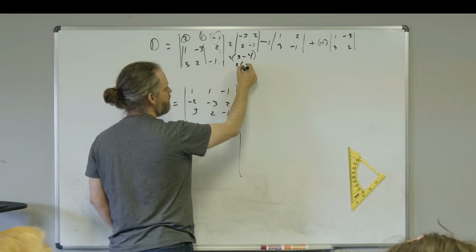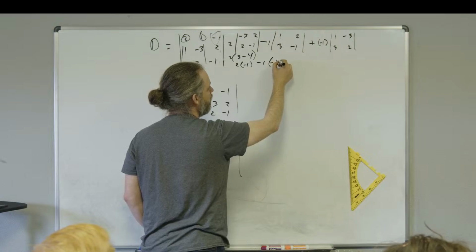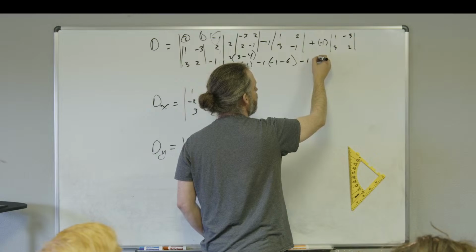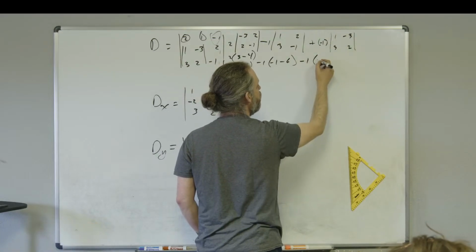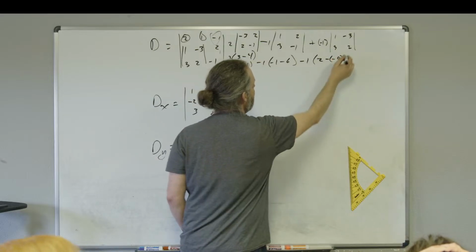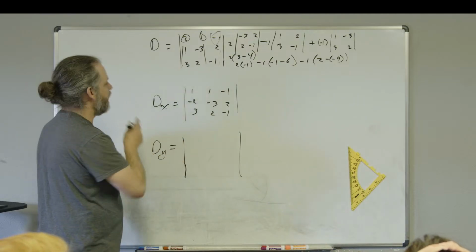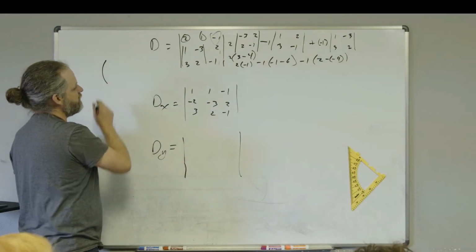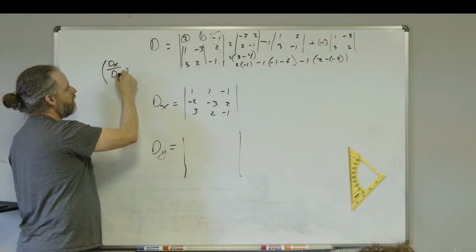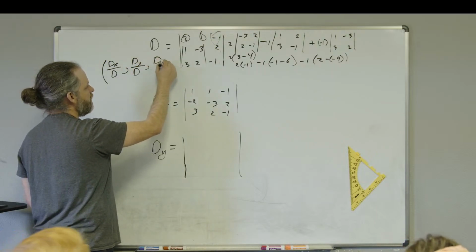So 2 times negative 1, minus 1 times negative 1, minus 6, minus 1 times 2, minus negative 9. And then you keep on going until you get a number, right? And then the punchline at the very end is the solution to the system will be dx over d and dy over d and dz over d.